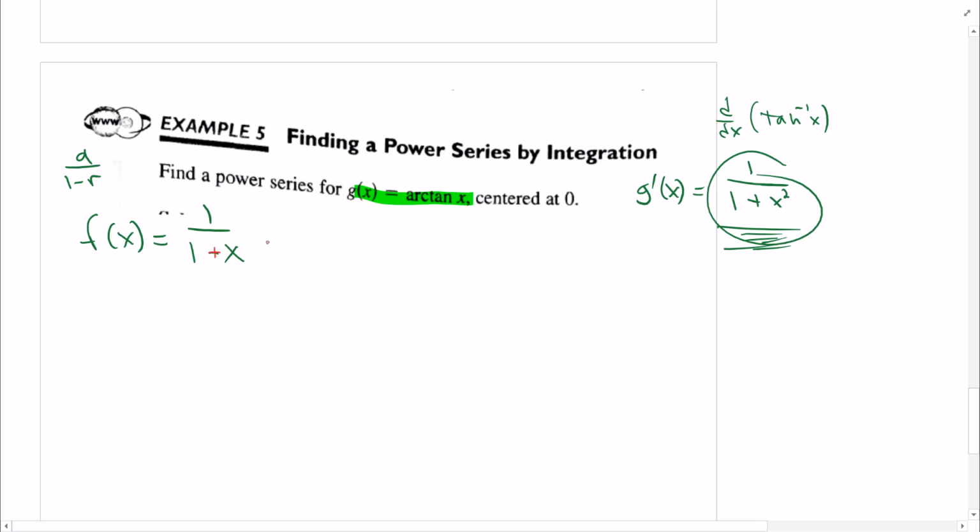If I write it in that form, it's going to be 1 over 1 minus negative x, which in this case a is 1 and r is negative x.